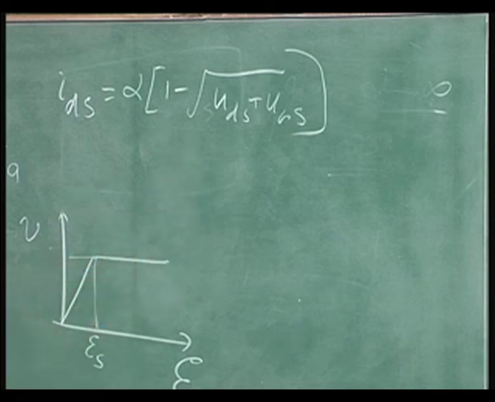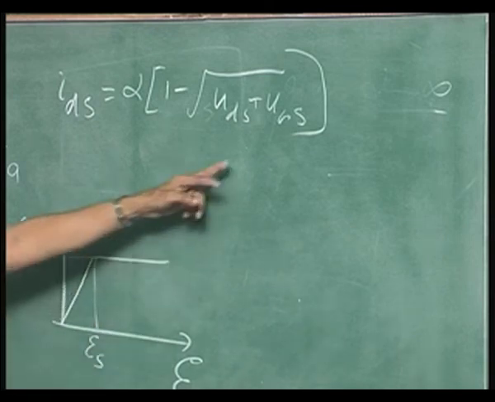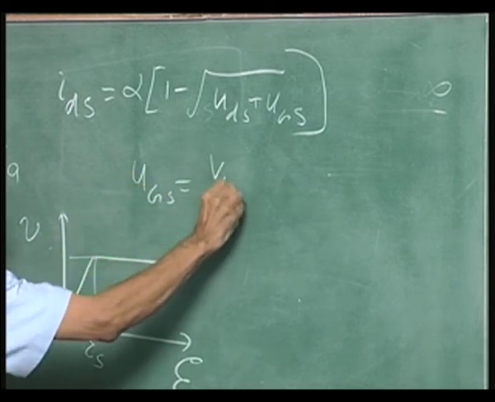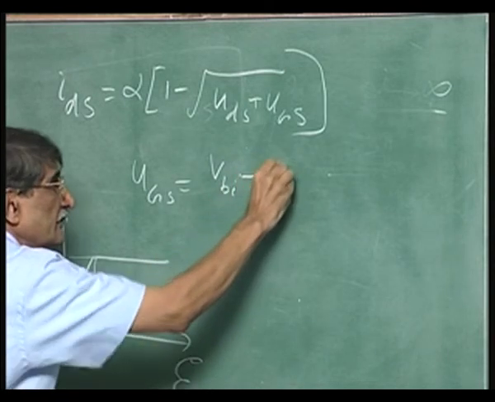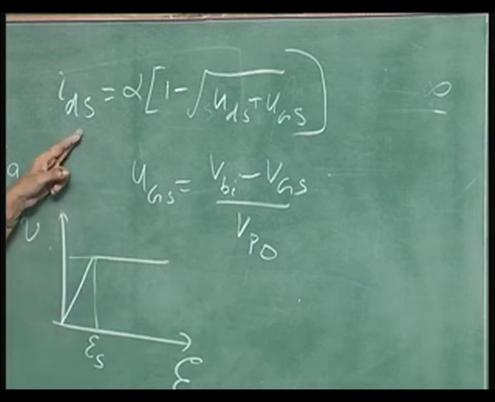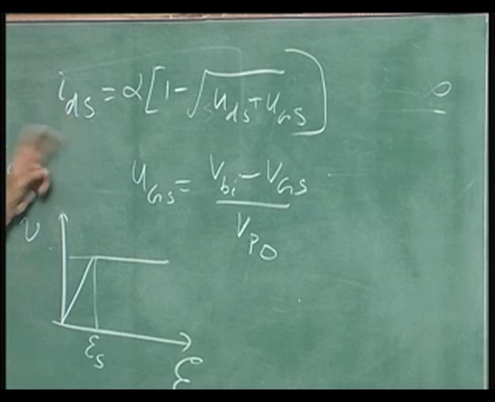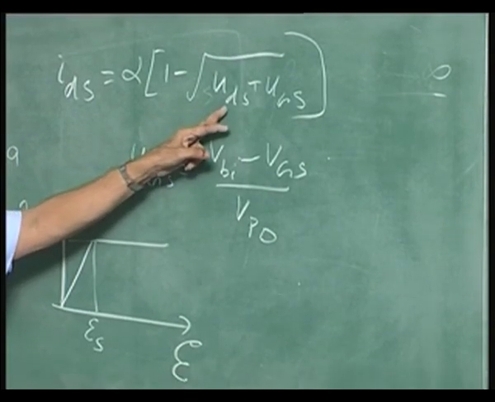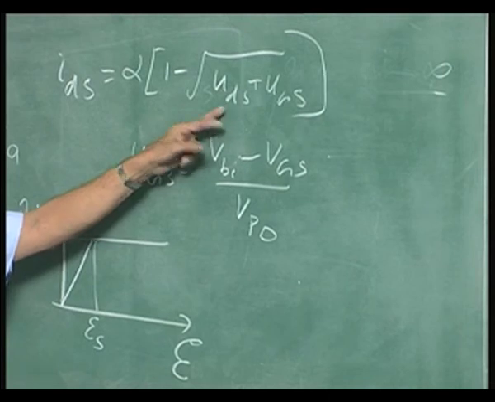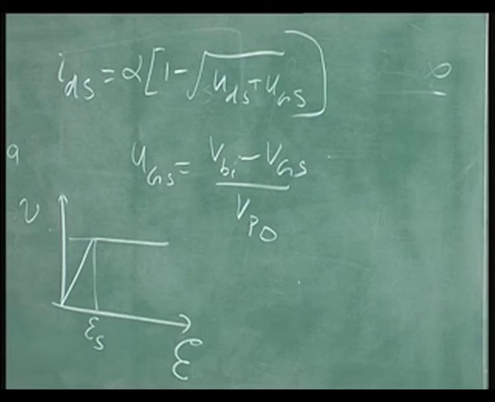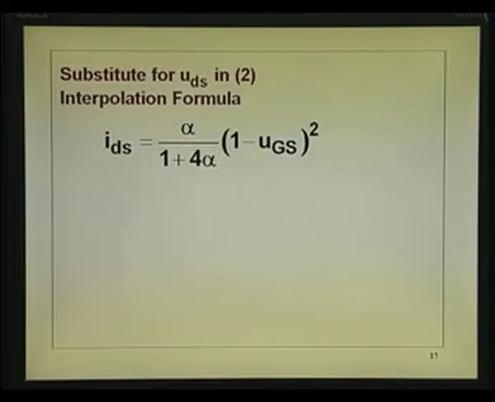Once I know the gate voltage, UGS is VBI minus VGS divided by VP0, and IDS is the drain current IDS divided by G0 VP0. You know UDS in terms of UGS by extrapolation, interpolation, etc. You know IDS in terms of UGS. You get the transfer characteristics.